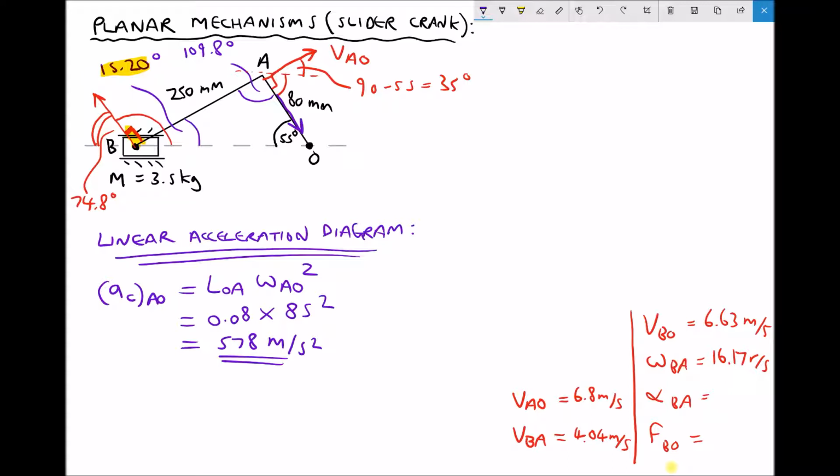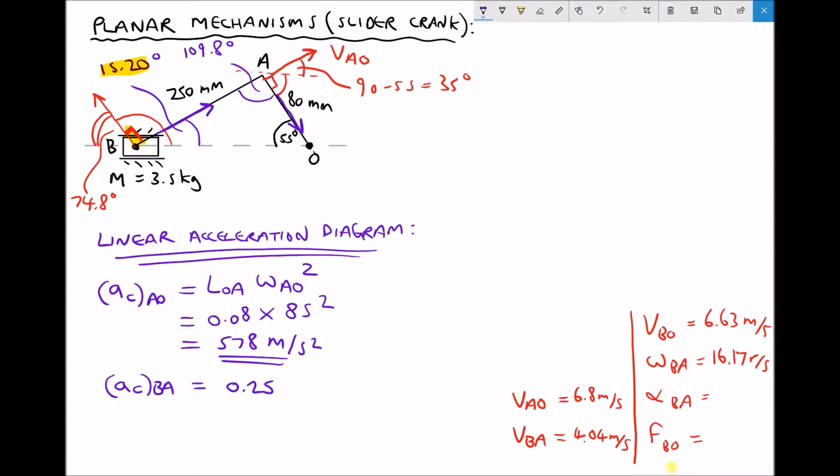Now we can do exactly the same for the centripetal acceleration of B relative to A. As B rotates around A, there's going to be an acceleration back towards the centre of rotation or back towards A. So we have A centripetal, B relative to A equals, and again we're going to use R omega squared. But this time the radius of motion is the length of the linkage AB. A is the centre, B is the outside of the circle, therefore the radius is the length of the linkage.